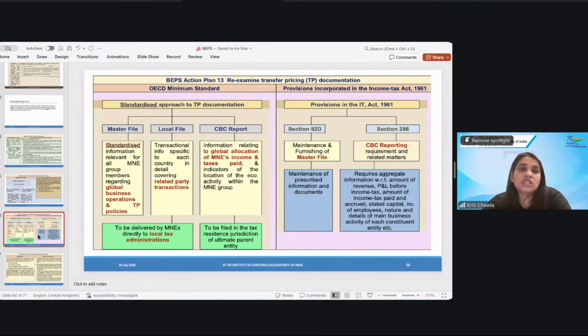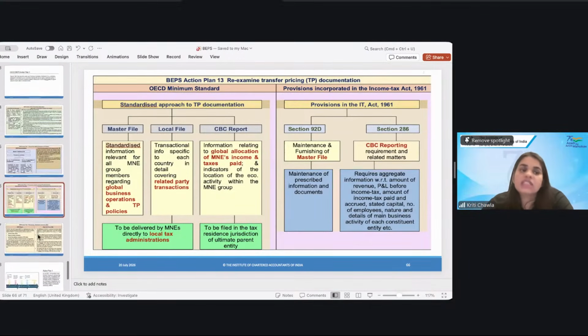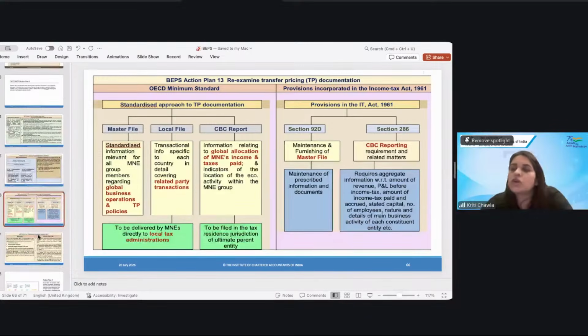Now, are the provisions introduced? Yes, these particular provisions were incorporated in the Income Tax Act of 1961. So, Section 92D has been incorporated, where they have provided the requirements for maintaining and furnishing of the master file. And then, as we discussed yesterday, they have provided Section 286, which talks about the CBC reporting requirements and related matters.